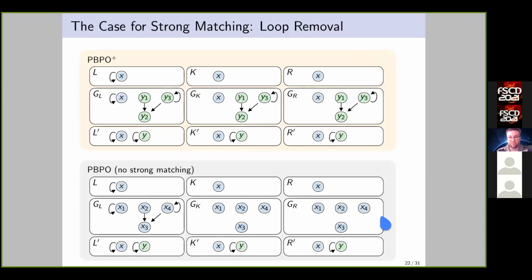And you can actually prove that PBPO without the strong match condition is not able to formulate this simple rewrite step. So PBPO without strong match condition is not able to remove a cycle from a single node. You can always map the entire rest of the context onto this single node in the pattern and then drop all the edges in the graph.